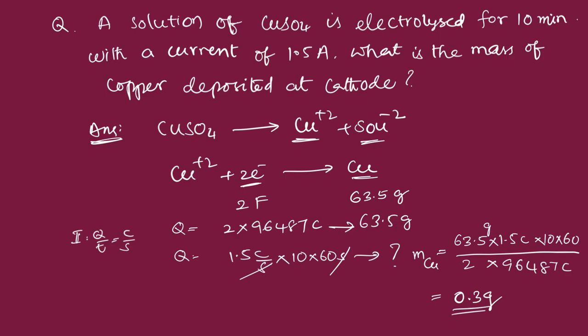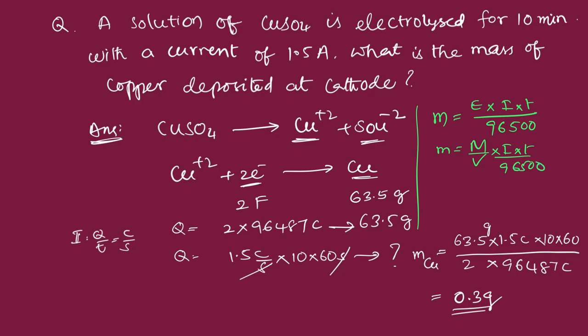So you can do like this. Otherwise you can use this formula. Mass deposited is equal to equivalent weight into I into T by 96,500. Otherwise, E means molar mass by valency, into I into T by 96,500.